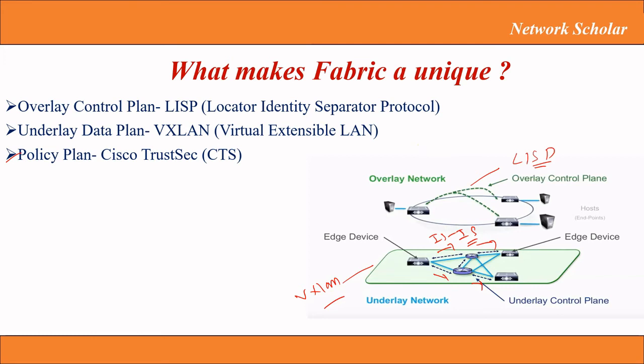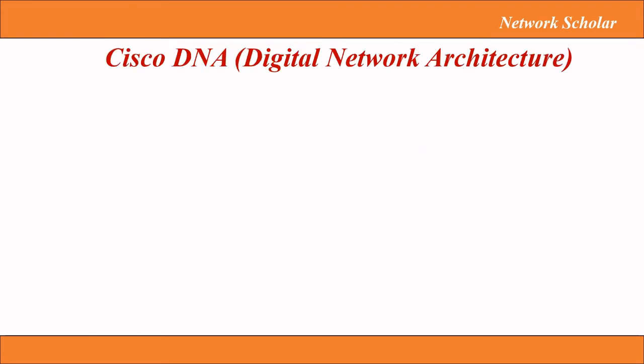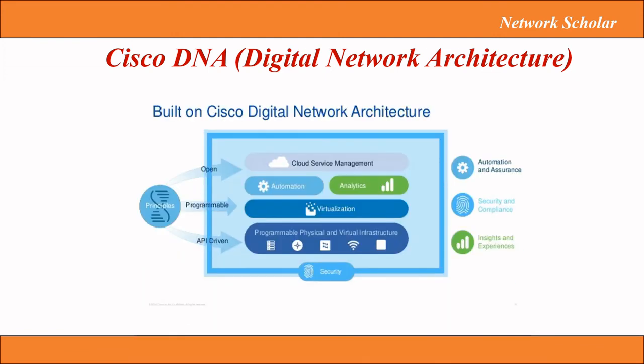Now, as I said, everything will be done by automation, and this automation will be done by Cisco DNA. So what exactly is Cisco DNA? Cisco DNA stands for Digital Network Architecture, and this is the complete architecture that we have. What capabilities does Cisco DNA provide?